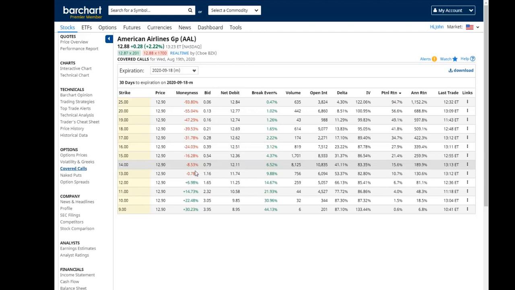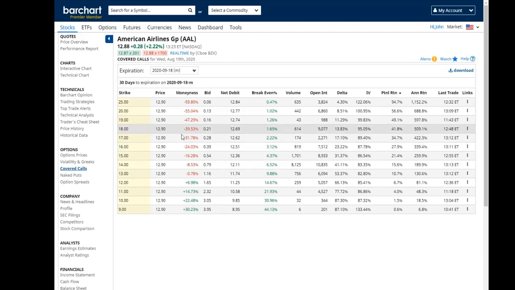And I'm going to look and see which one of these strikes is going to give me the greater potential for profit. And you can see the 14 gives me a potential of 15.6%, the 15, 21.4%, and the 16, 27.9%. And remember, that's our blue sky event.